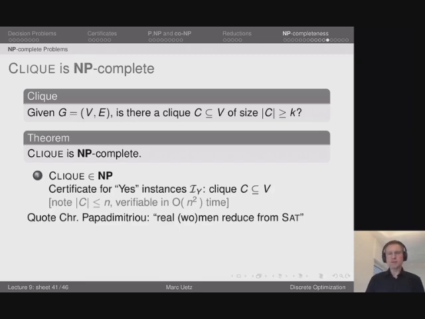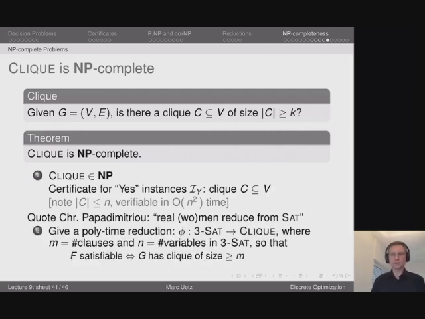Sometimes reducing directly from satisfiability can be a bit complicated or cumbersome, but at least we know it is possible for an NP-complete problem. In proving NP hardness of a problem, we should, of course, make our life as easy as possible by choosing the simplest possible reduction that we can find from any known NP-complete problem. Anyway, here, the reduction from satisfiability is not even very complicated.